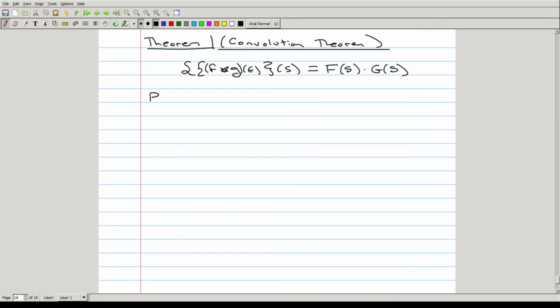And the proof of this theorem relies on the definition of both the convolution and the Laplace transform.